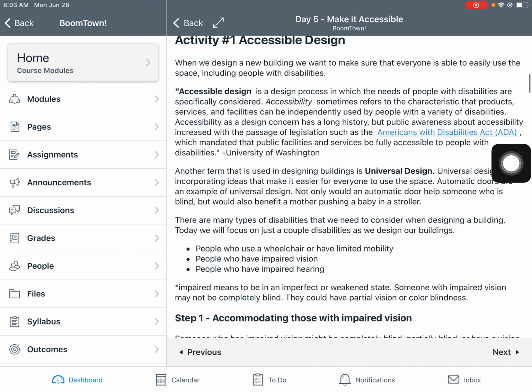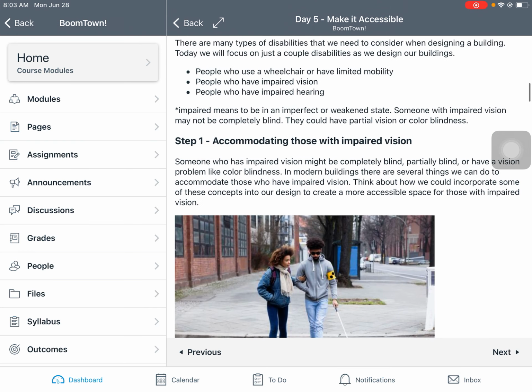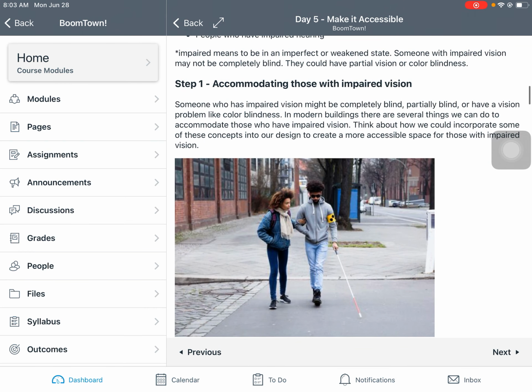There's a great quote from the University of Washington right here about accessibility: its characteristics, services, facilities, and all the different responsibilities that a building designer has in building a building that can accommodate everyone. So we're just going to go quickly through this. You can read these yourselves or have your parents help you read it.